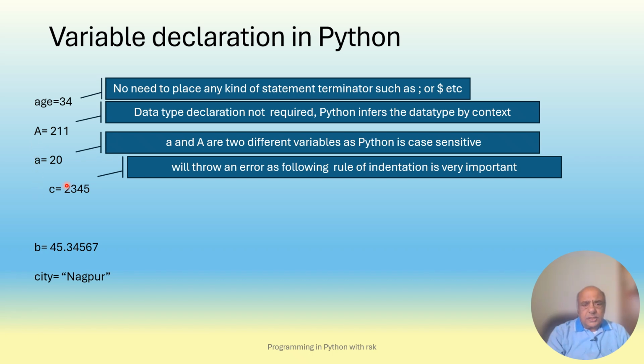Whenever there is an indent, that indent must be followed by certain other kinds of statements, which we will see later on. Simply while declaring three variables, Python doesn't allow an indentation here.